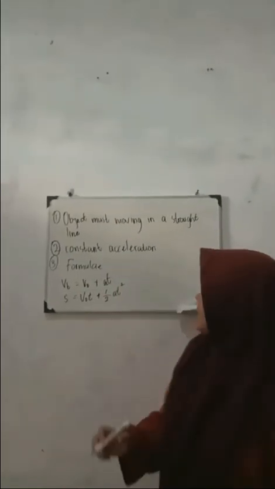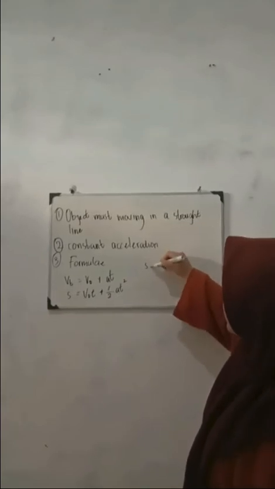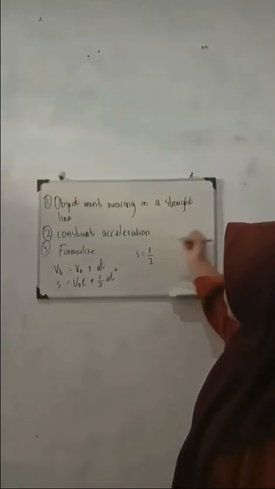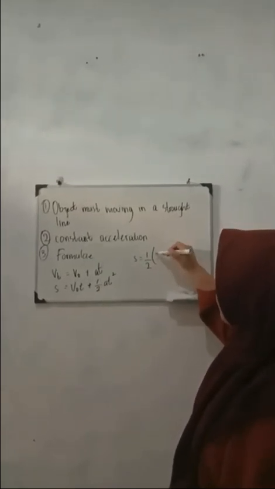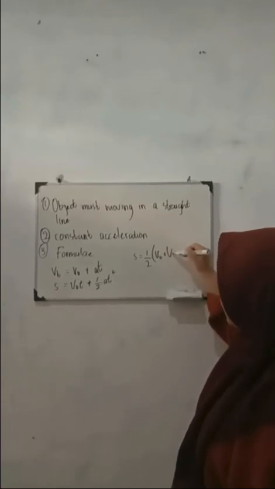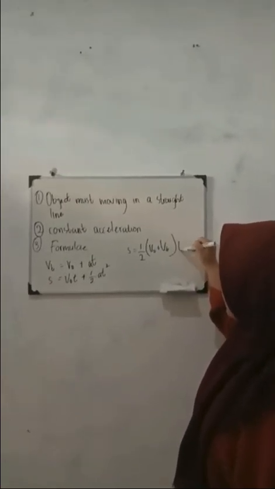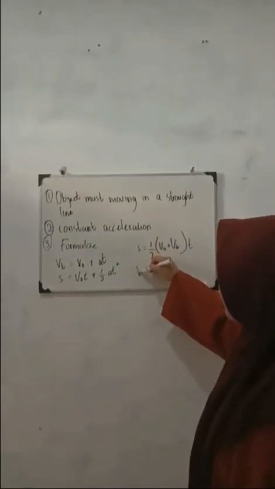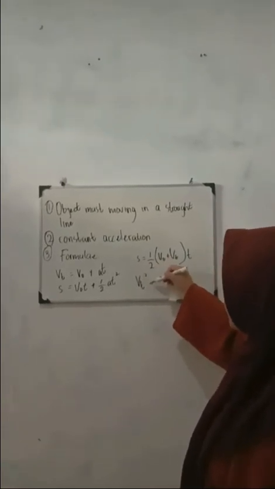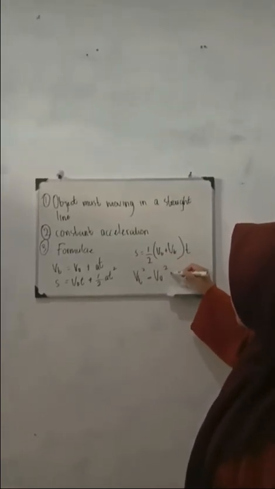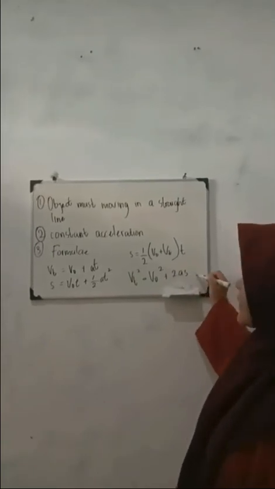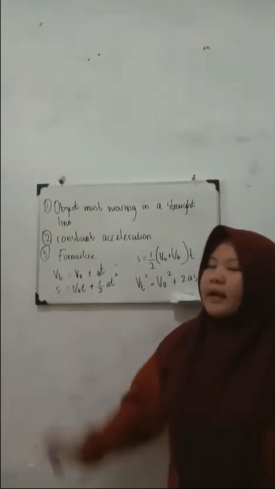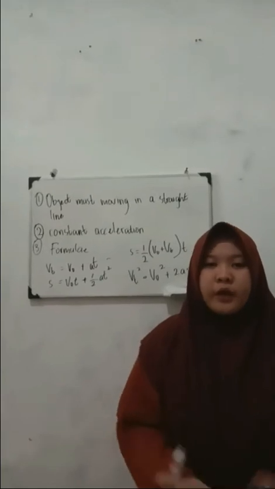And the third is S equals 1/2 (V null plus Vt) T. And the next is Vt squared equals V null squared plus 2as. And remember, these four formulas are extremely important for calculation purposes.